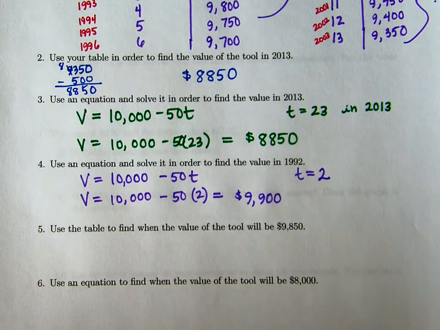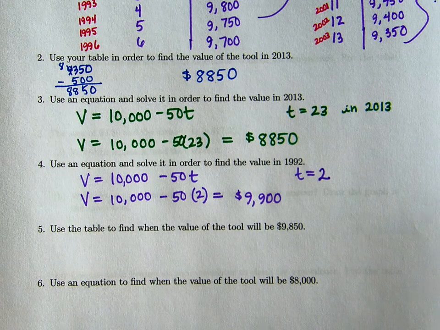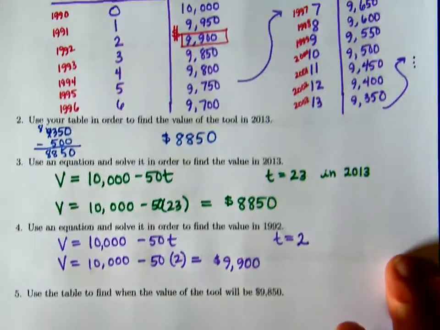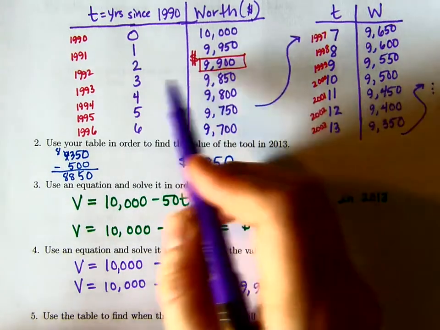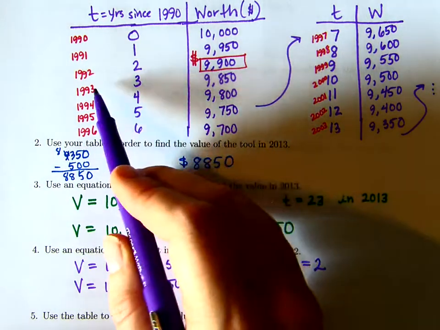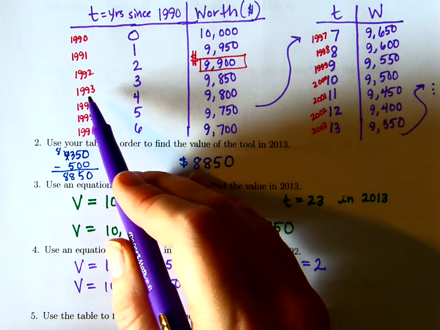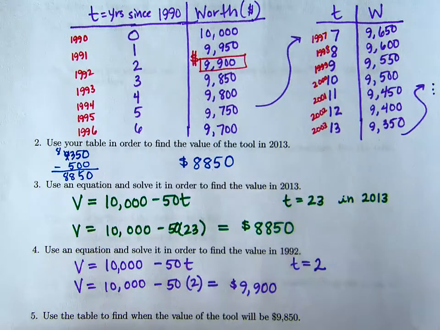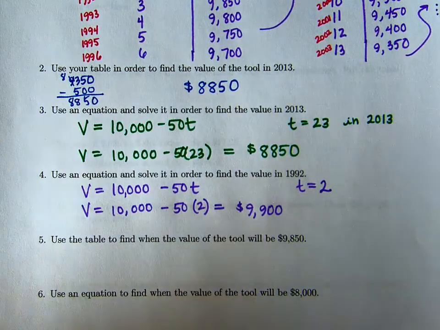Use the table to find when the value of the tool will be 9,850. Okay, let's see. Oh, there it is, right there. T is 3, and that represents 1993. Let's write this down.